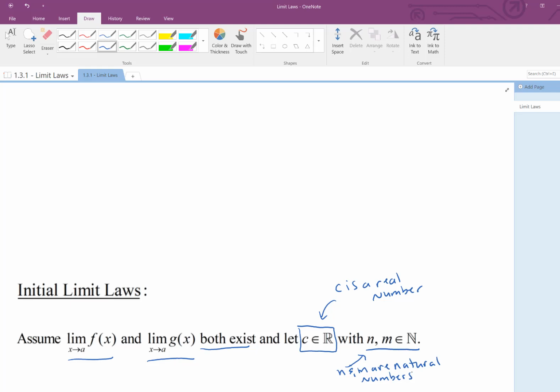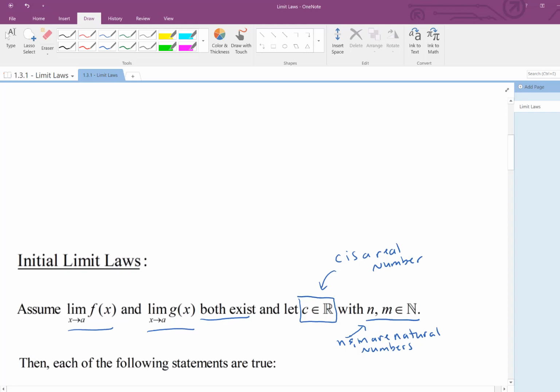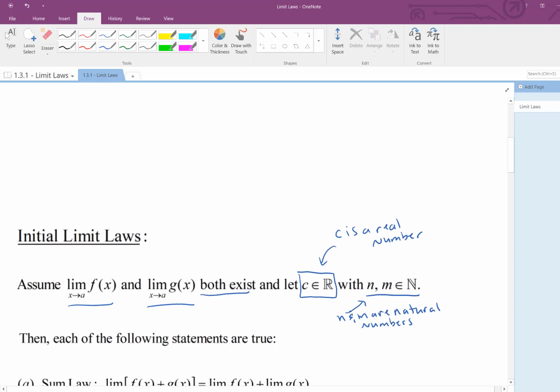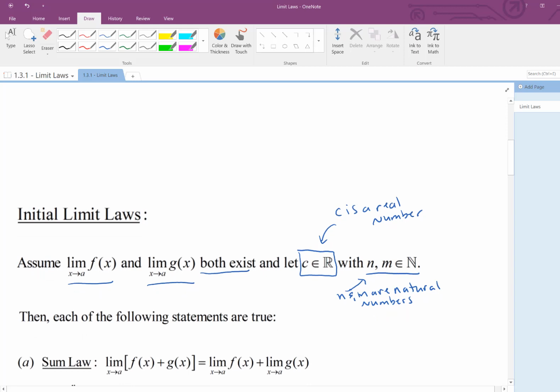It's very important. c is some real constant, n and m are natural numbers, but most importantly, the limits of f of x and g of x both have to exist. If that's not true, we can't say any of this. But assuming it's true, we have many different statements we're about to look at.